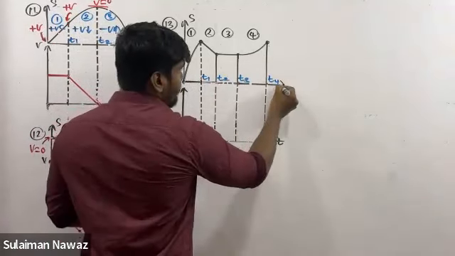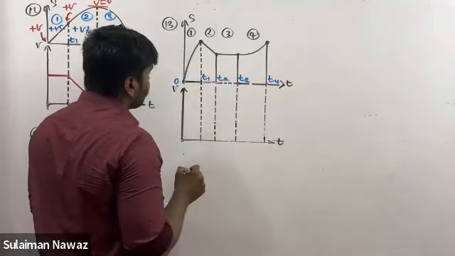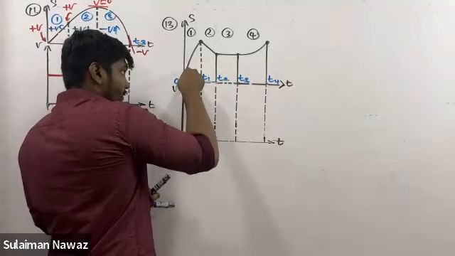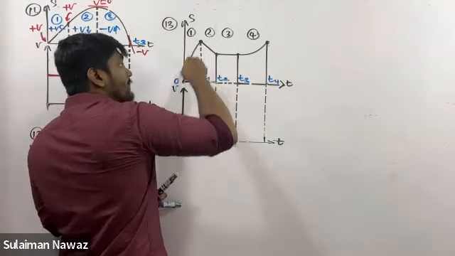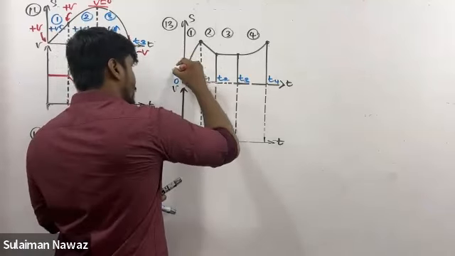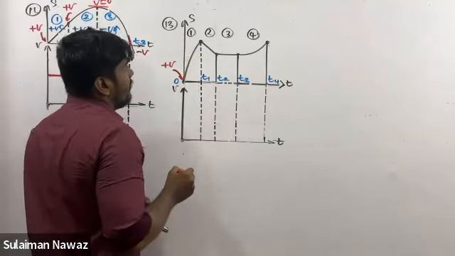Time, simple t. In the velocity time graph, when t equals 0, if I draw a tangent line, the angle is acute. Therefore, there is a positive velocity.